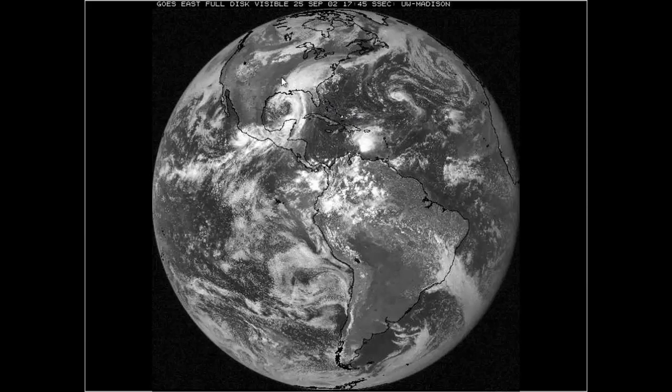When there's severe weather, they have a floating sector that takes very high resolution images. The reason we don't take the full disk image as often as we otherwise would is because it takes a lot of bandwidth to send that image down to the ground stations. And when we're in severe weather operations, we need all the bandwidth we can get so that we can get high-resolution imagery as frequently as every 5 minutes from the satellite.